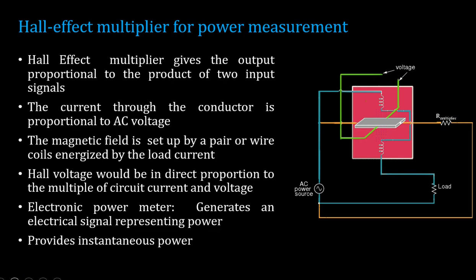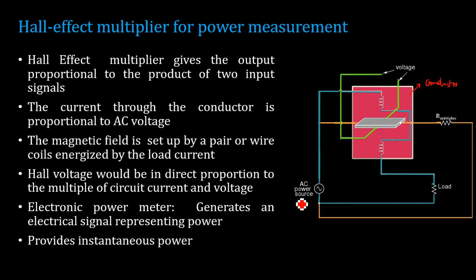Now, how can you use this Hall effect as a multiplier for power measurement? Here you can see that this pink thing is your conductor, and you are applying a voltage across this conductor.